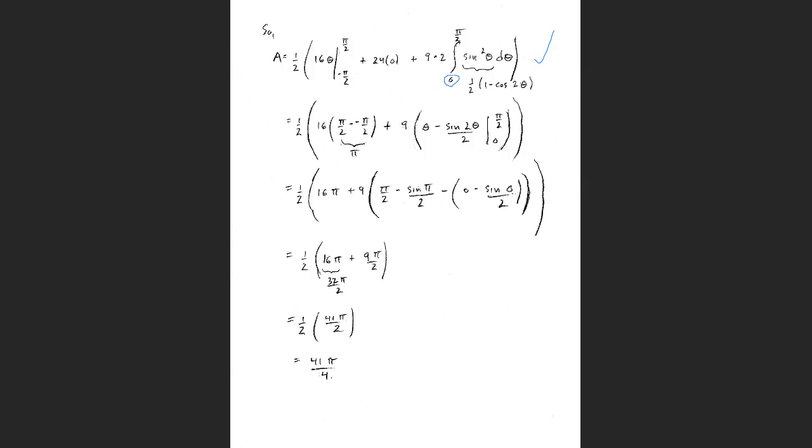So, of course, now, the first integral, the antiderivative of 16 was just 16 theta. And then the sine squared of theta, we're going to have to use a trig identity, one of these double angle identities to help us.